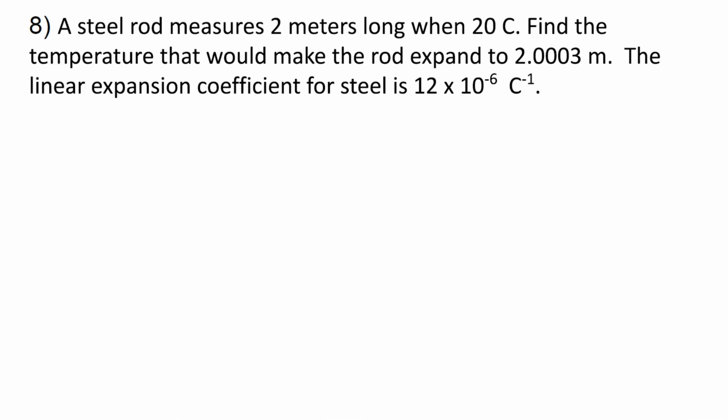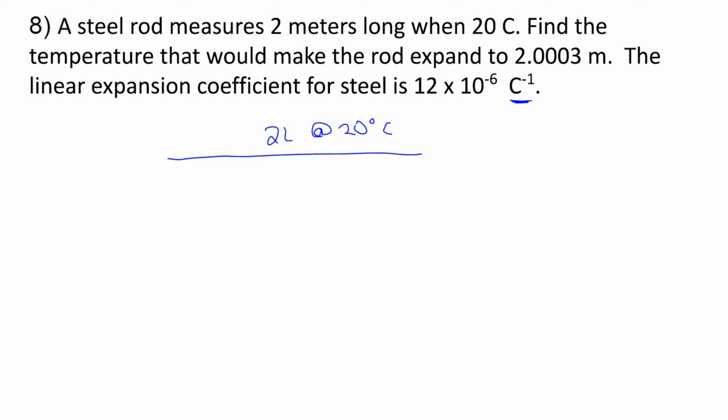All right, here is a steel rod. It's 2 meters long. So I'm going to draw that just to help me picture it there. That's at 20 degrees. I'm sneaking a peek down here at the thing, and I see that that's in Celsius also, so I'm not going to worry about changing that to Kelvin.